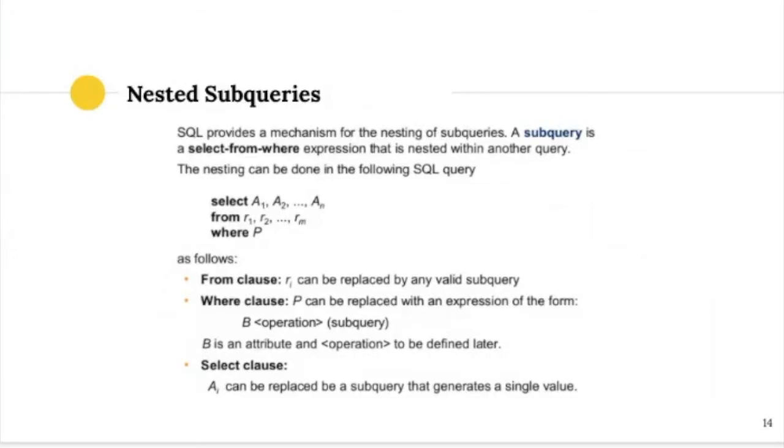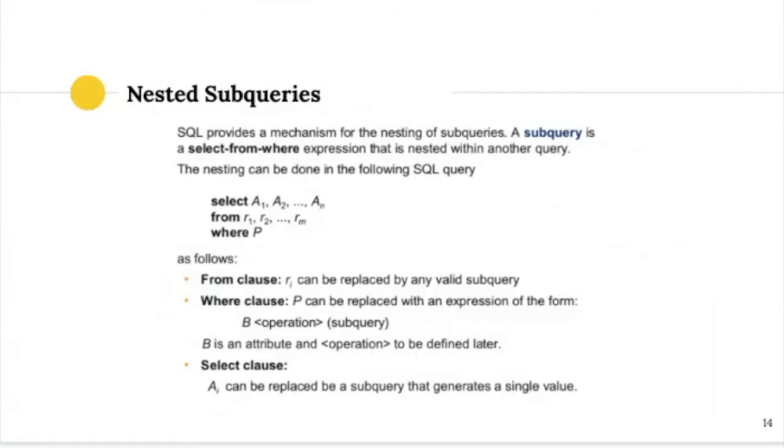So, for example, meron kang select something, some attributes from a table na resulting from a query. So, ang laman ng R sub I mo dito is a query din. So, from close and open parentheses na sa loob siya, ng select from where type ng statement din.